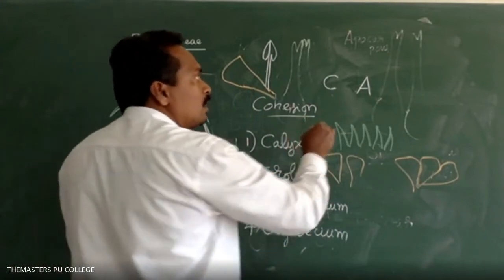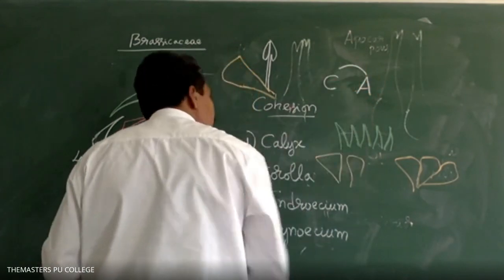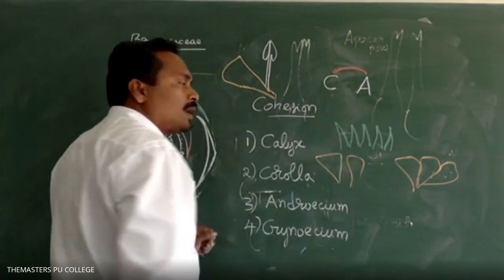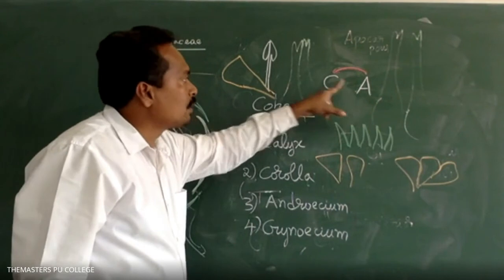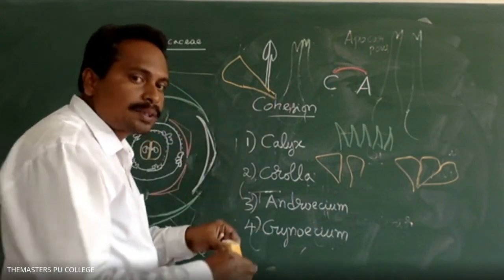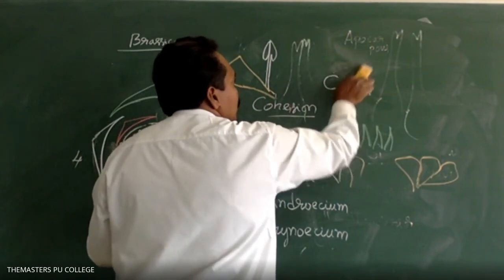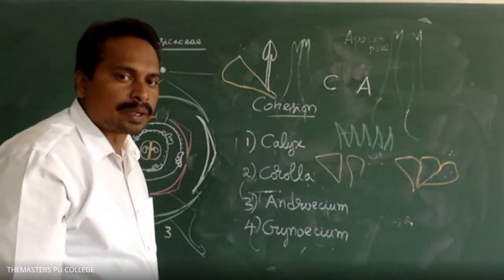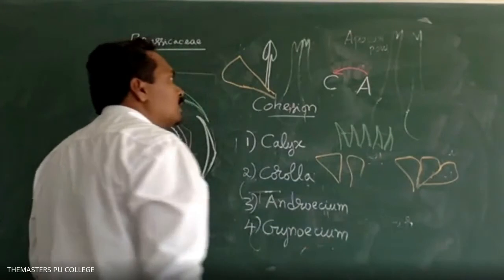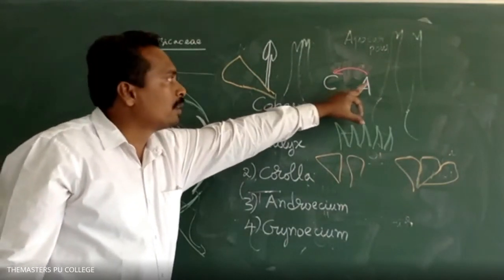If the stamens are attached to the petals, that is indicated through an arrow mark from A to C. If the stamens are not attached to the petals, don't draw the line from A to C. Is it clear now?